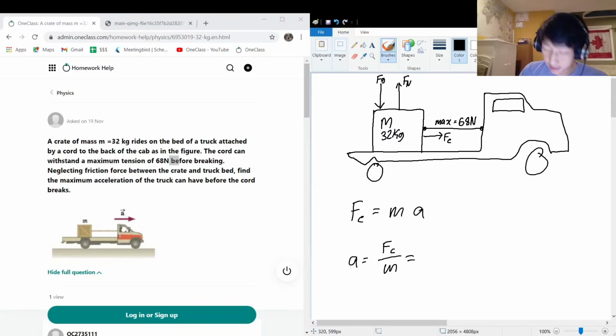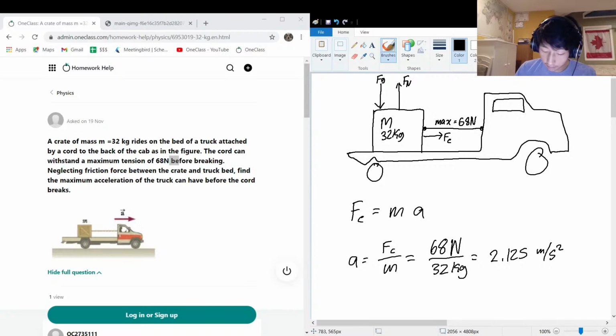So the moment that it hits 68 newtons, we'll have 68 newtons with a mass of 32 kilograms. The acceleration at that time is going to be 68 divided by 32. Pull out the handy calculator. 68 divided by 32 is 2.125 meters per second squared.